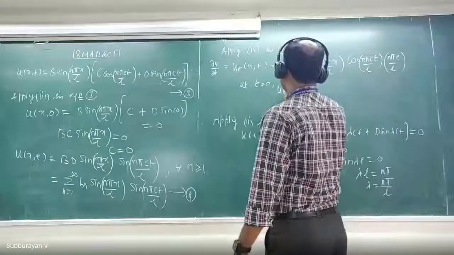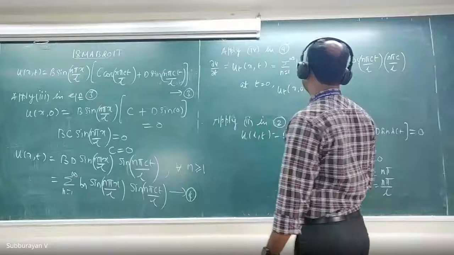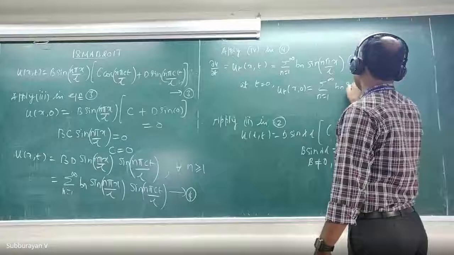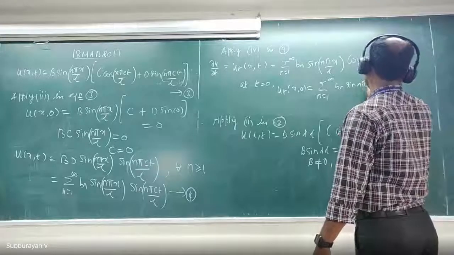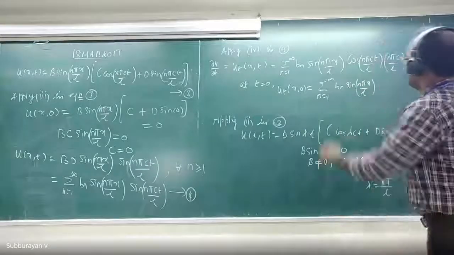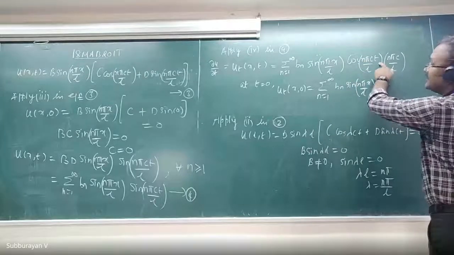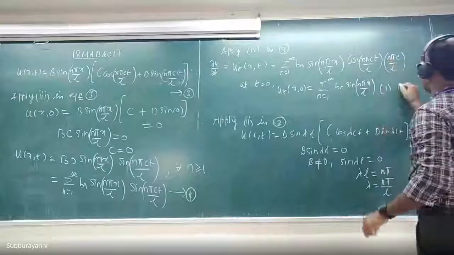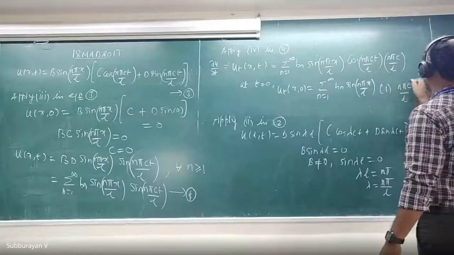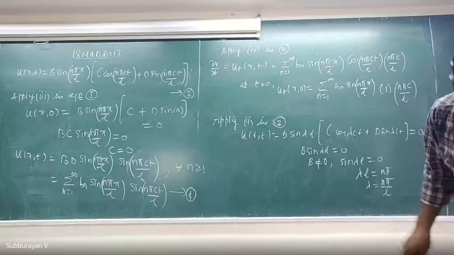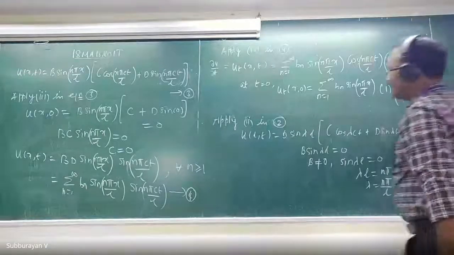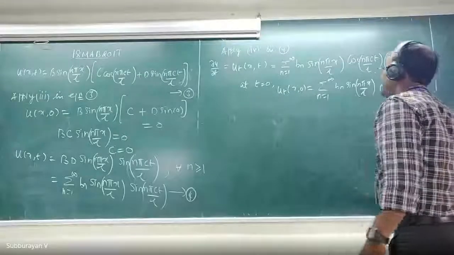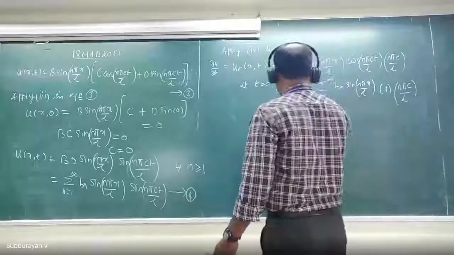That is ut of x comma 0, which is equal to summation n equal to 1 to infinity bn sin(n pi x by L). And then if I substitute t equal to 0, cos 0 is 1. Therefore this is 1 into n pi c divided by L. Now I redefine my arbitrary constant Bn as Bn dash.